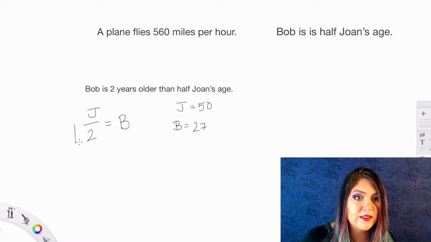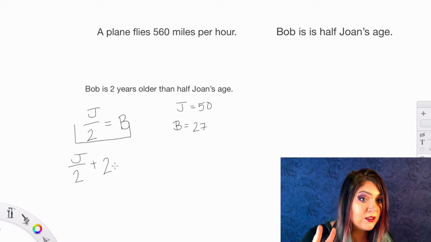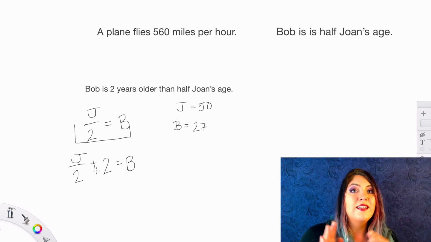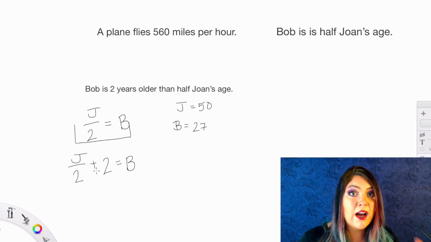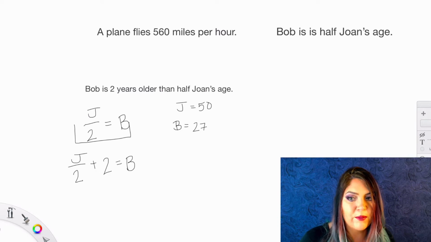So this is what we started with, and now we'll rewrite it for this particular problem. Joan's age divided by 2 plus 2 years equals Bob's age. So again, test out those real world examples, not just at the beginning of algebra, all the way through algebra 1, all the way through algebra 2. Test out the real world examples.